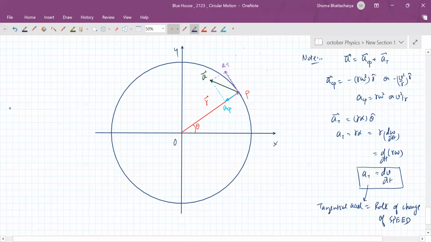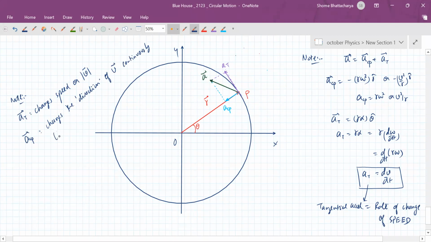Basically, from this we can understand that tangential acceleration changes speed or magnitude of velocity, whereas centripetal acceleration changes the direction of the velocity continuously.